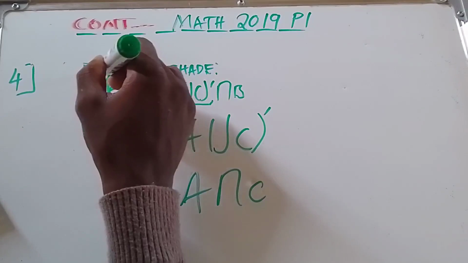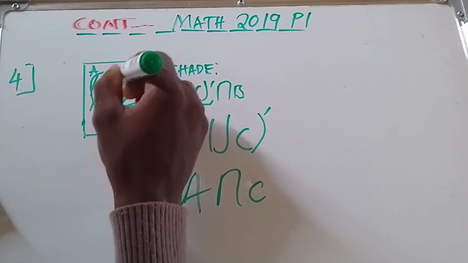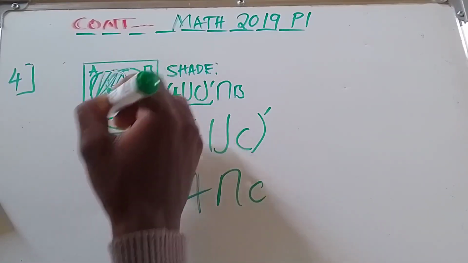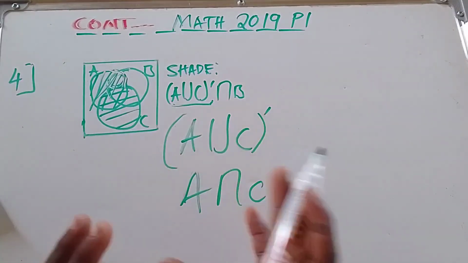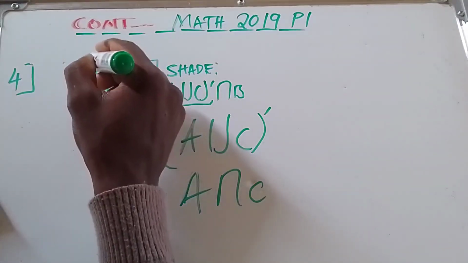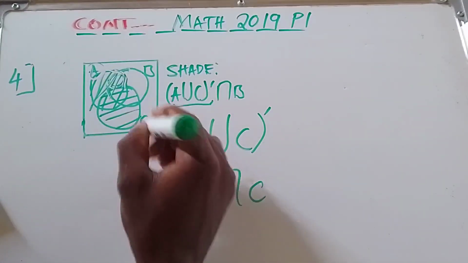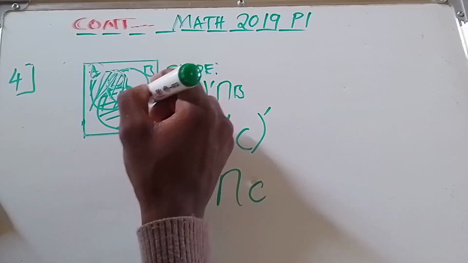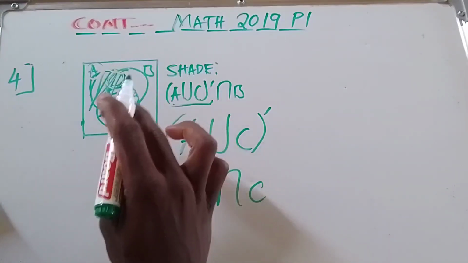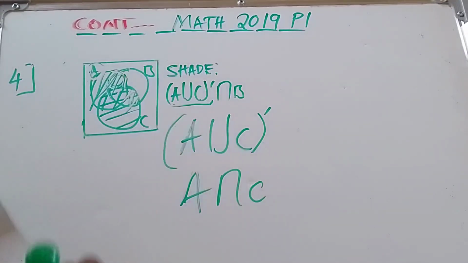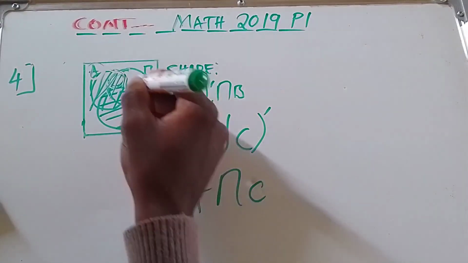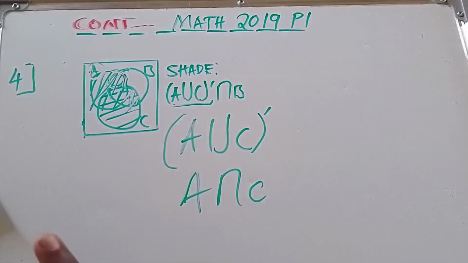But this part, which is right over here, is also a part of A. And since we have excluded A and C, even this part, which is also forming a part of B, is also part of C. So we follow the complement. We need to exclude this. So after we have excluded A union C, what we are going to remain with is what we are going to shade. I hope you are getting it.